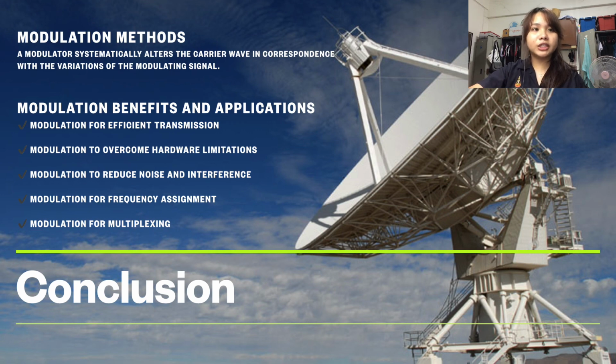Briefly discussed were five examples: modulation for efficient transmission, modulation to overcome hardware limitation, modulation to reduce noise and interference, modulation for frequency assignment, and modulation for multiplexing.